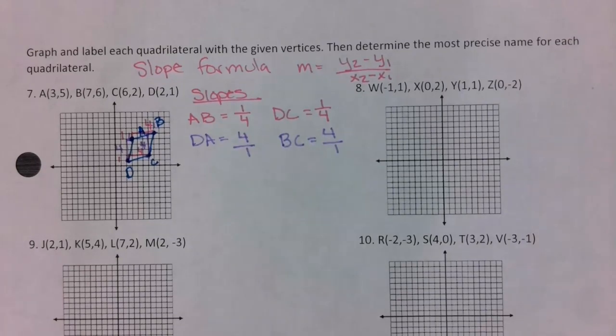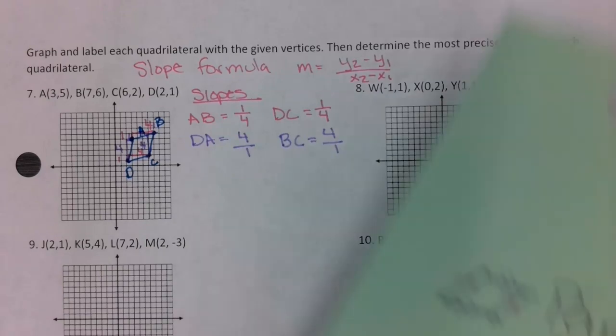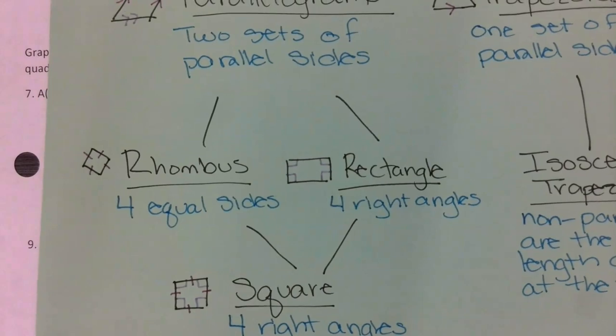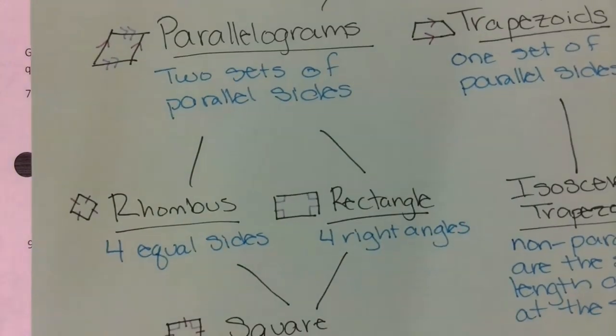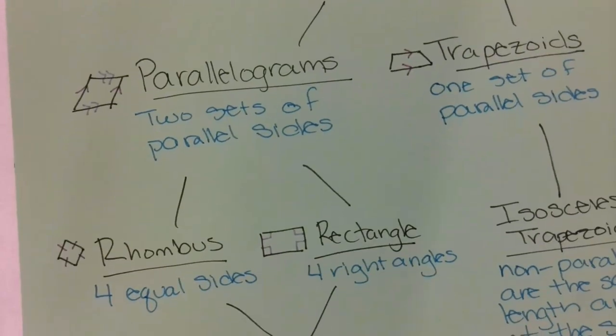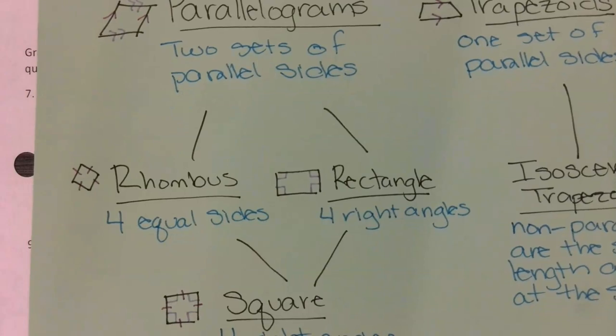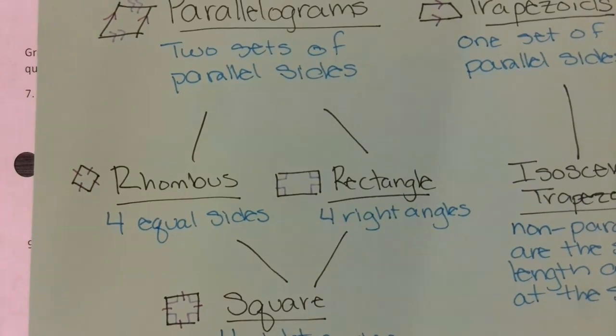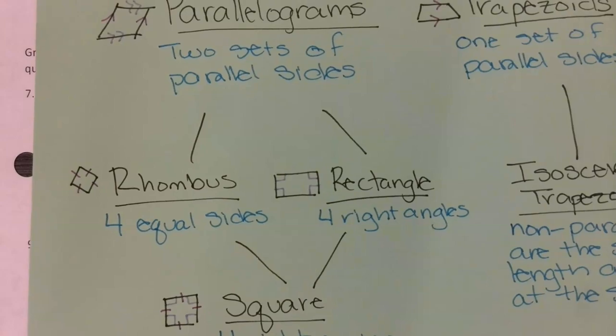So opposite slopes are the same. So they're parallel. So I know it's at least a parallelogram, but remember if I look back at my chart, was parallelogram the end of the chart? Is parallelogram at the very end? No. So I have things underneath. I need to go check to see if it is a rhombus and a rectangle.